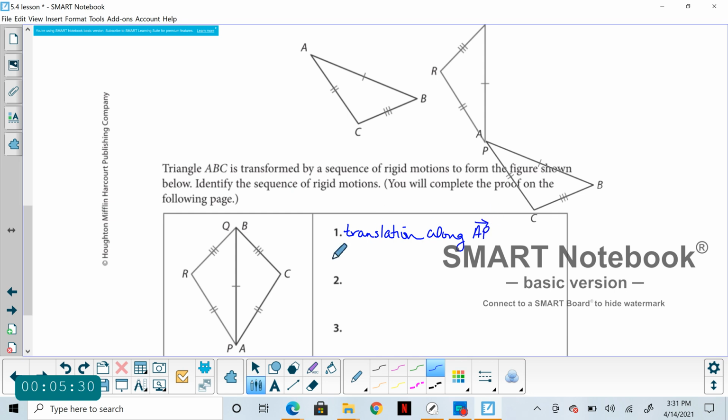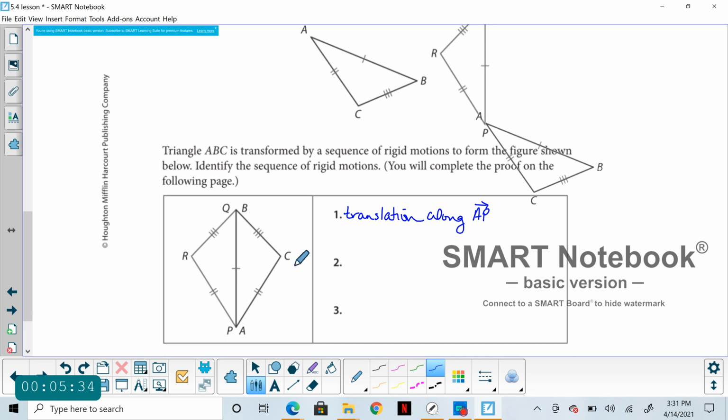So then, now that we've got this figure, we want to rotate it to transform this triangle ABC so that it lines up like it does here in the picture, here to the left.